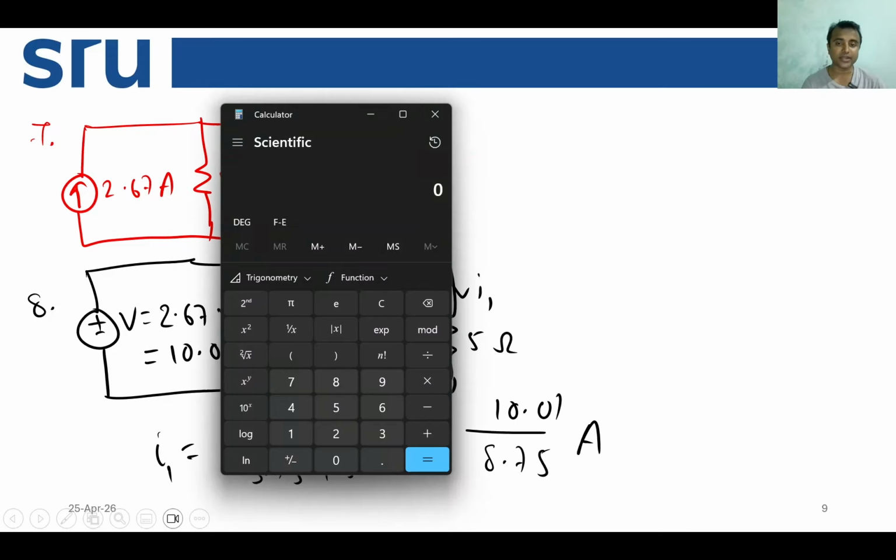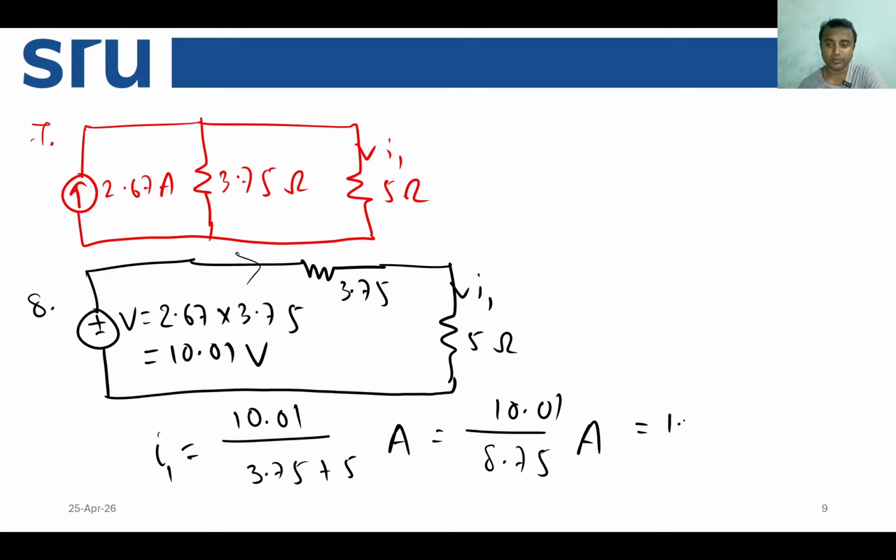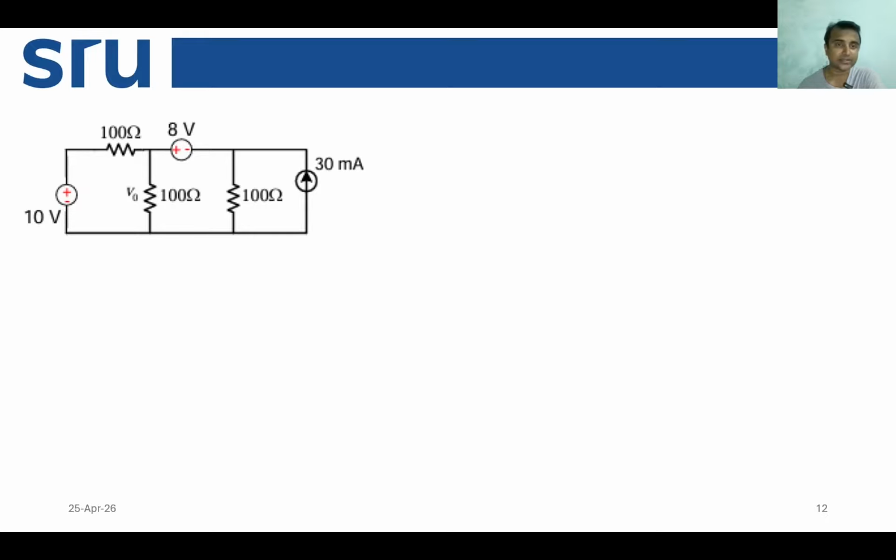So let us calculate that, which is given by 1.144 or simply 1.14 ampere. So this is how you can do it, and for your own exercise you can try another circuit.